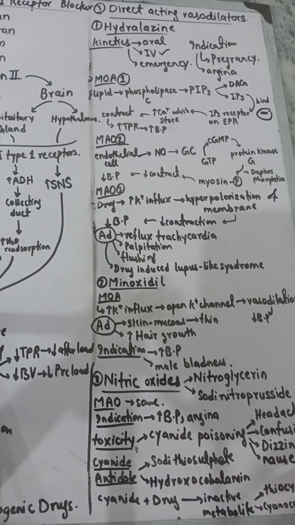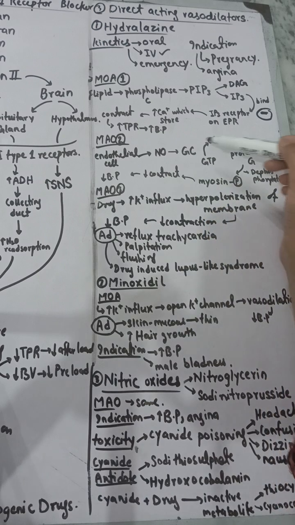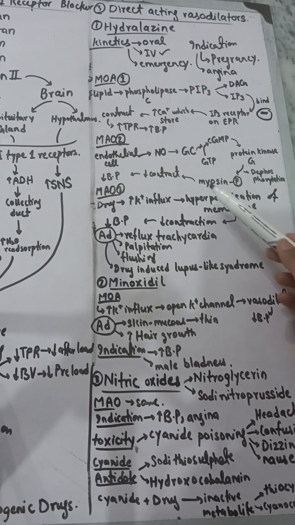This drug will stimulate your endothelium to release nitric oxide, which is a very good vasodilator. It stimulates an enzyme, guanylate cyclase, which is responsible for the conversion of GTP into cyclic GMP. Cyclic GMP activates protein kinase G, which causes the dephosphorylation of myosin.